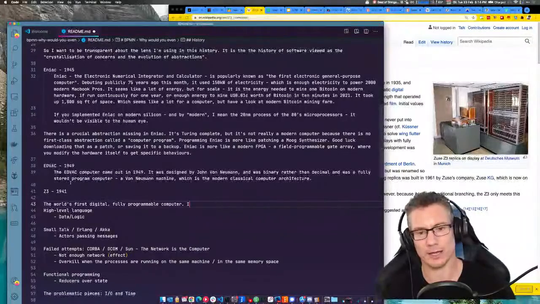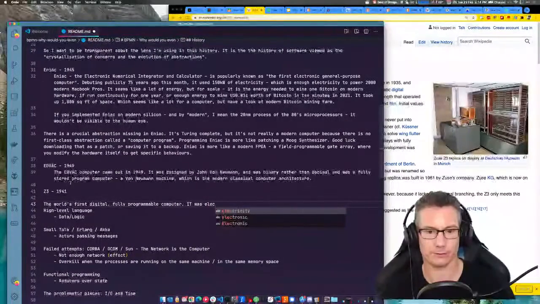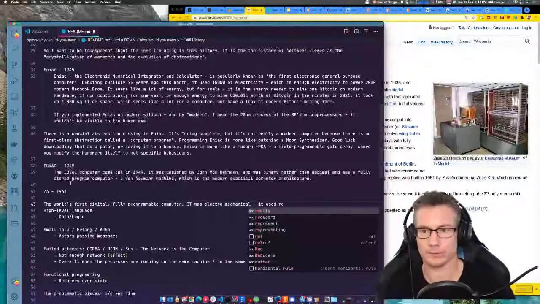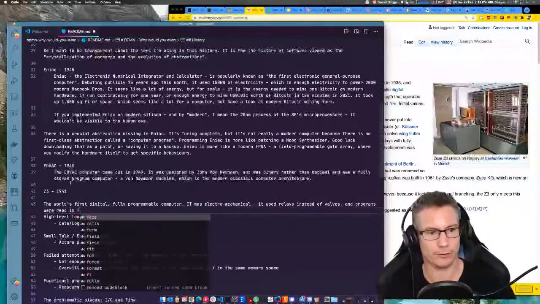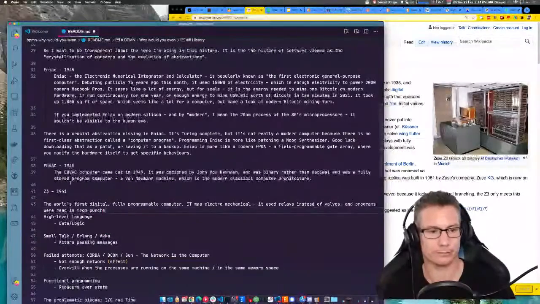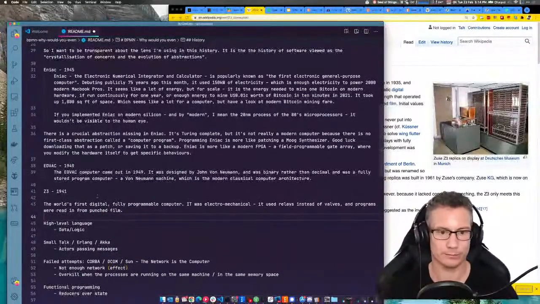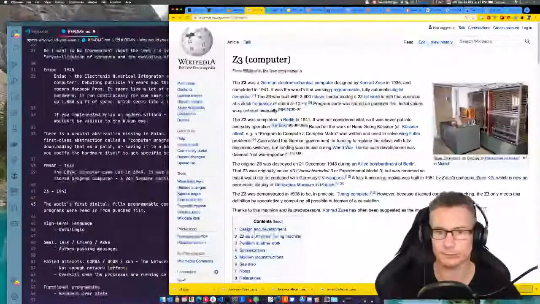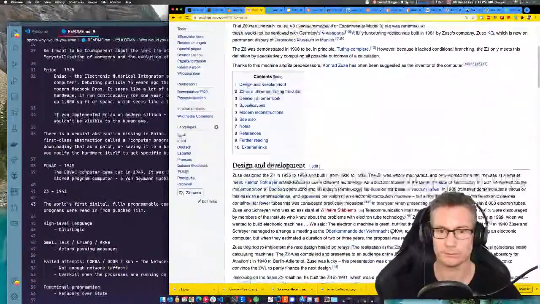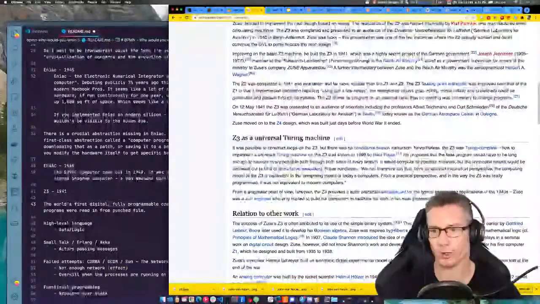Okay, it was electromechanical. It used relays instead of valves. Written from punched film. Universal Turing Machine, no conditional branch.